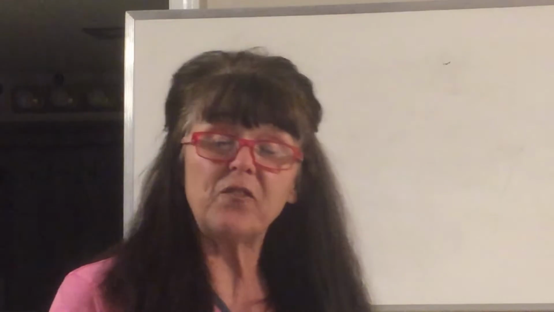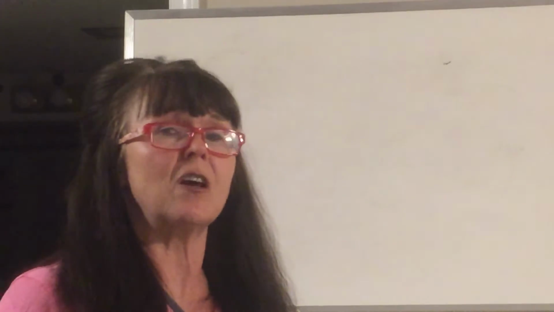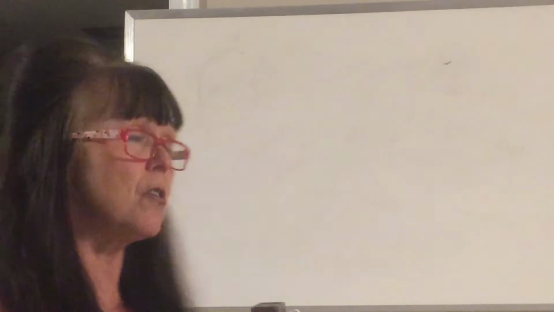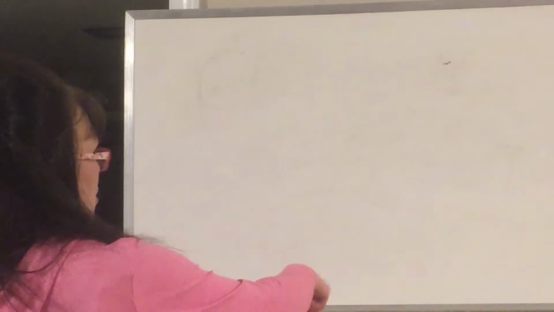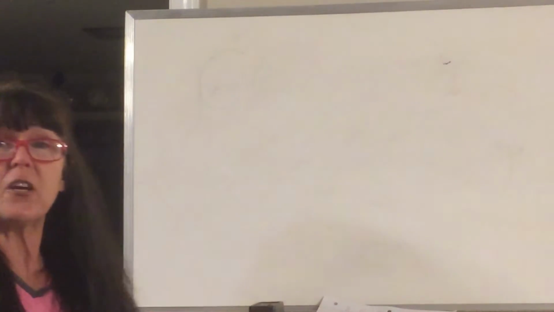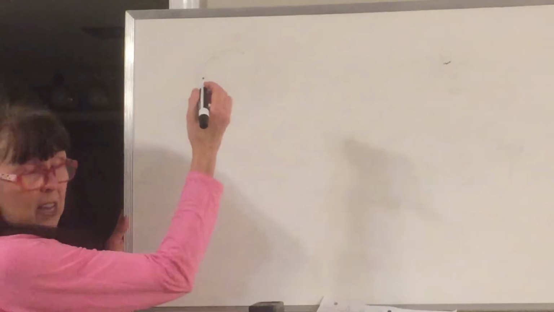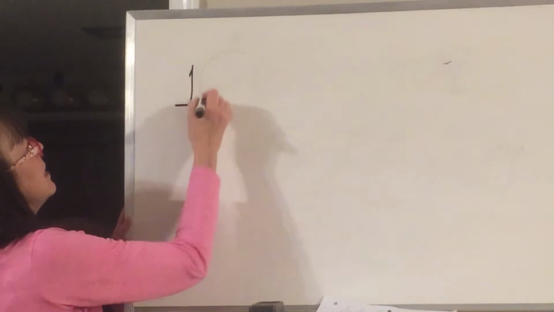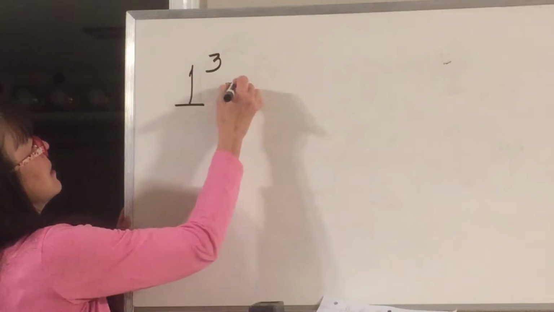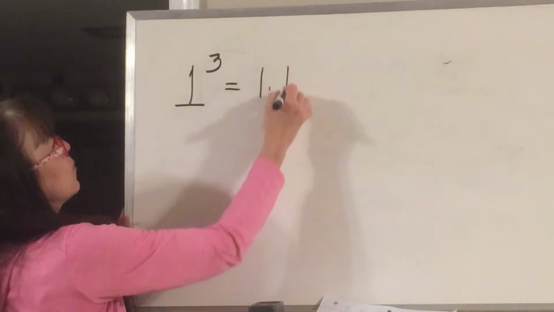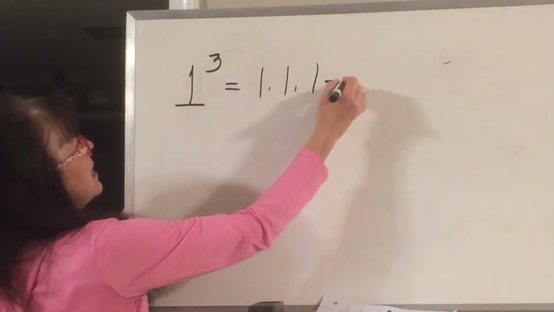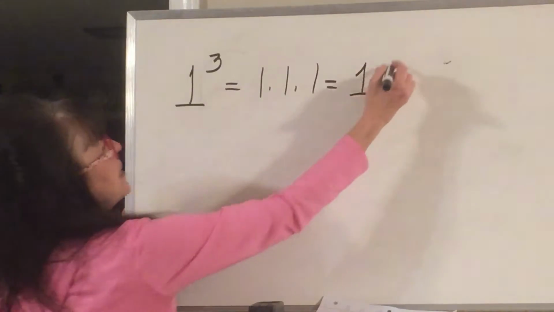So I was fixing to talk about cubes and trying to set you up for tomorrow's lesson. And so I want to talk about perfect cube numbers and perfect cube variables. So perfect cubes are found by doing this. Let's start with 1 to the third power, and that's 1 times 1 times 1, and that gets you back to 1.